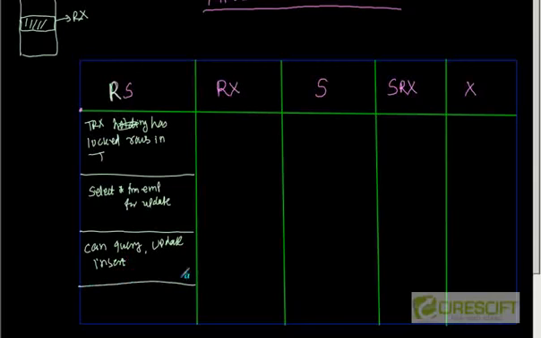What other transactions cannot do is lock the table in exclusive mode. Other transactions are prohibited from locking in X mode. These are the four characteristics on which an RS lock will be acquired.